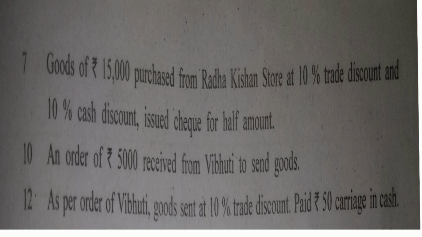an order of 5,000 received from Vibhuti to send goods. Now Vibhuti is a person who has given an order of rupees 5,000 to send goods. That means Vibhuti says that send goods of rupees 5,000. She has just given an order. Goods have not been dispatched yet.